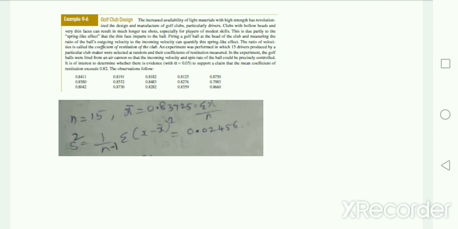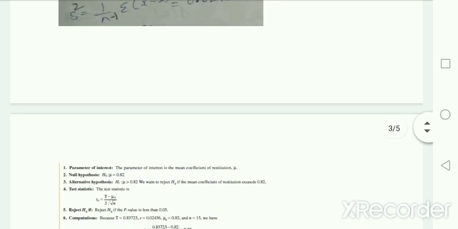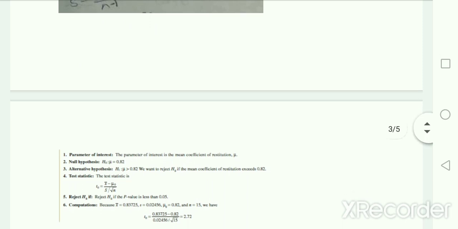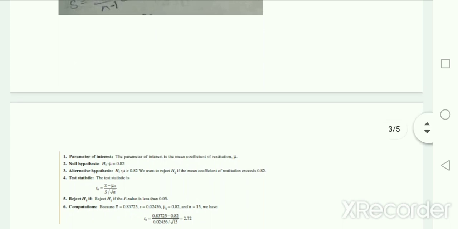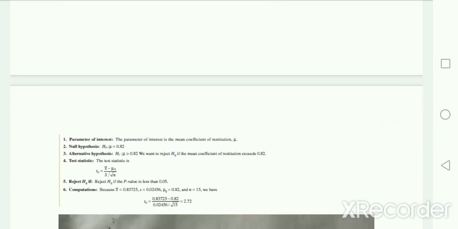So for the alternative hypothesis H1 we have mu greater than 0.82. In the null hypothesis H0, we take mu less than or equal to 0.82. So the null hypothesis H0 is mu less than or equal to 0.82, and the alternative hypothesis H1 is mu greater than 0.82.